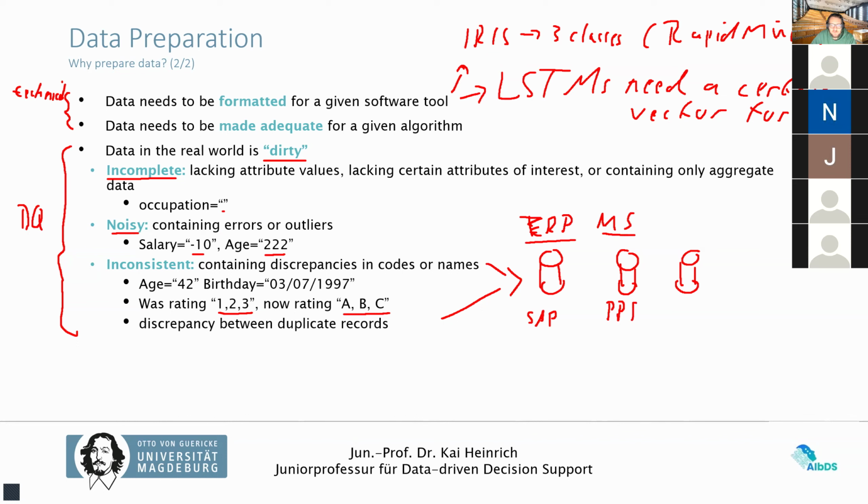And then we have maybe some wild Excel files from some people that just have Excel files lying around. Okay, so some Excel files here, tables. And then we need to integrate them all into one large data table.